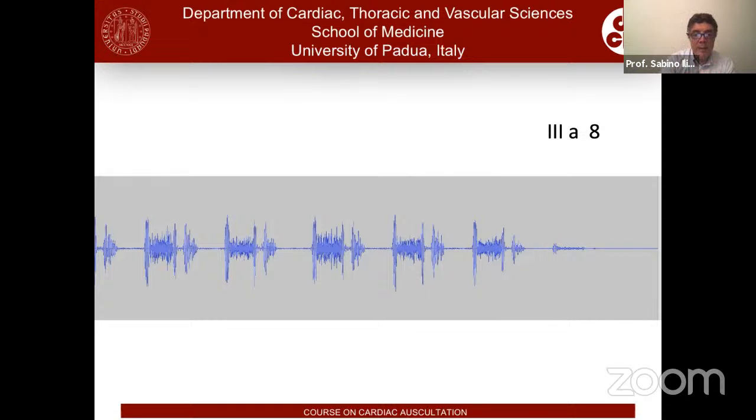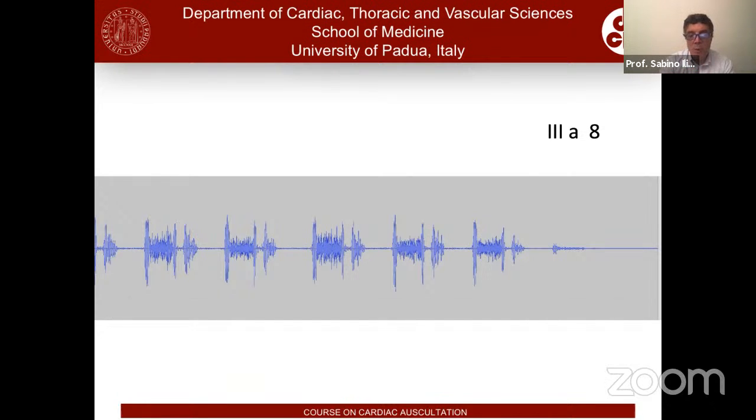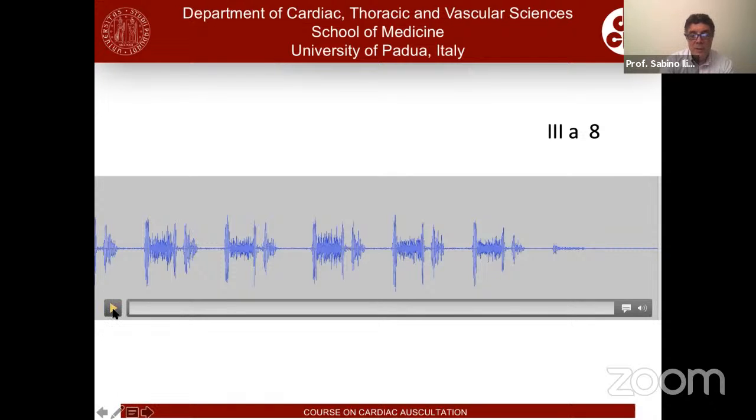I show you again. I hope that you appreciate the fact that after the third sound there is a small murmur, very short, low frequency, different from the regurgitant jet.